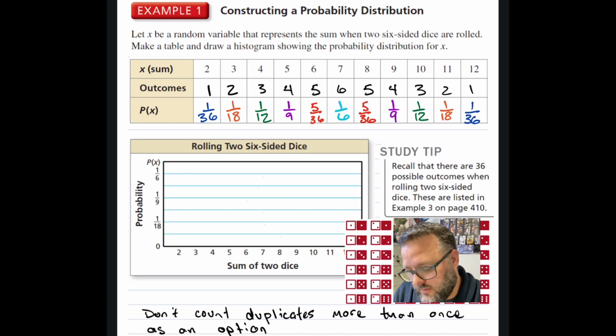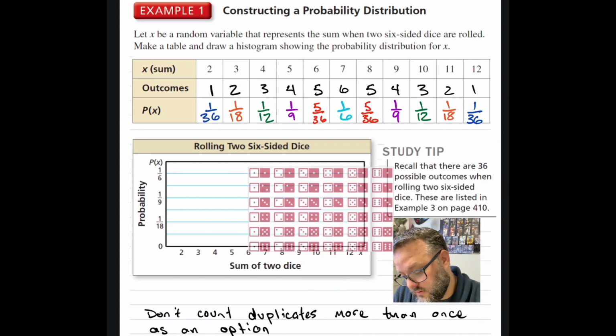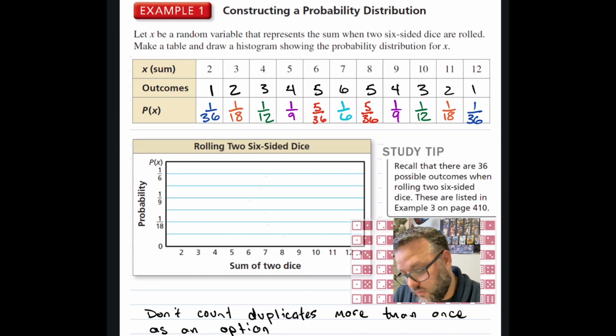Now, on this particular one, we've got 2 die, and we're going to be rolling them. So we're trying to figure out what's going to be the probability of earning a sum on the die. Now remember, this guy right here, way back when, showed us that there were 1, 2, 3, 4, 5, 6 by 1, 2, 3, 4, 5, 6.